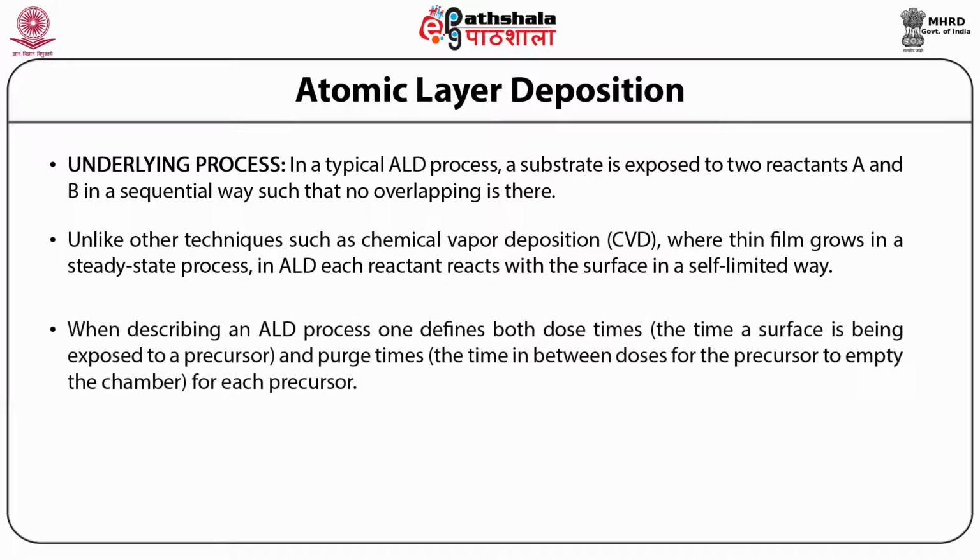When describing an ALD process, one defines both the dosage times and the purge times for each precursor. The dose-purge sequence of a binary ALD process constitutes an ALD cycle.